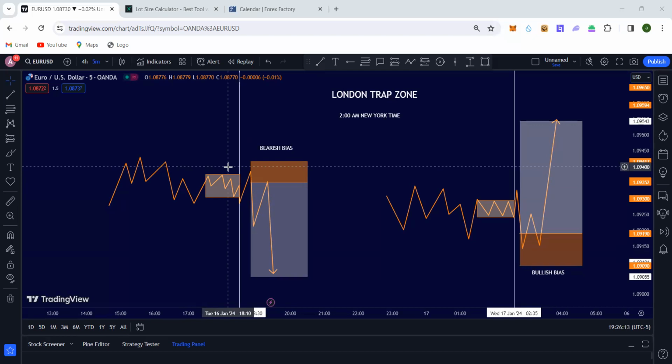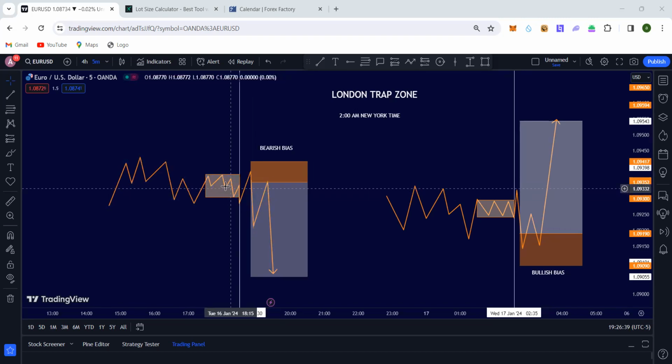You know, there is a lot of liquidity that is formed in the Asian session, which is later taken out by the London session when the London session starts, right? So that part of the liquidity is what we are going to work with, and it is always at the end of the Asian session that you see the liquidity that you're going to work with. When we get to the live chart, you guys will understand better.